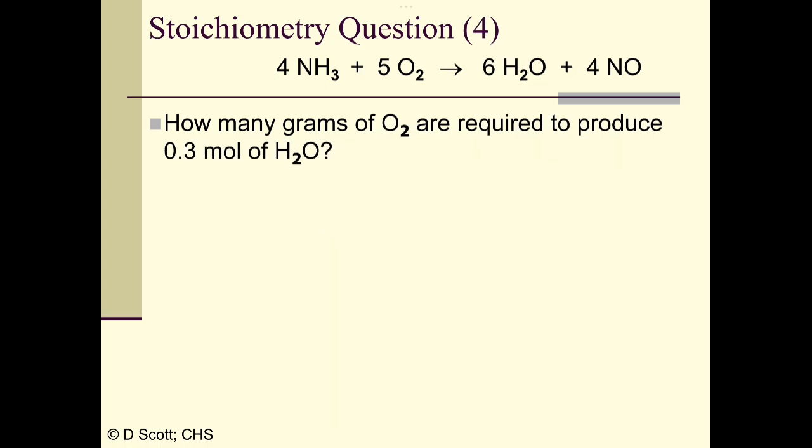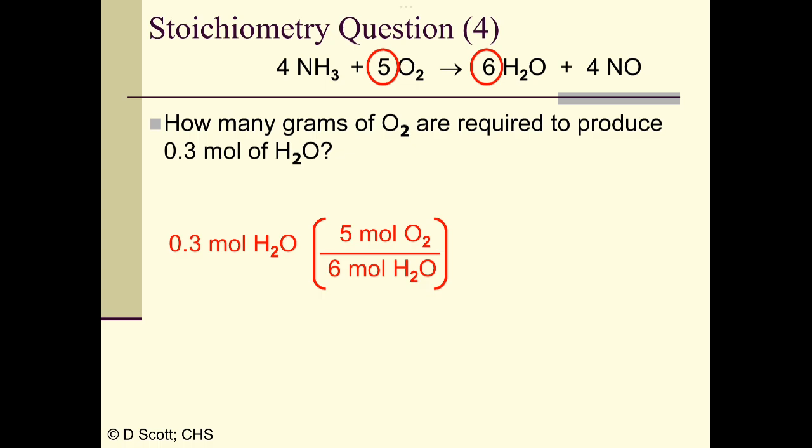Let's try this again in another problem. How many grams of dioxide are required to produce 0.3 mole of water? So first, you write the given, 0.3 mole of water, and then we'll be focusing on the equation here. So for us to be able to cancel out the moles of water, we write here 5 moles of O2 over 6 moles of water. So there we cancel out the units.